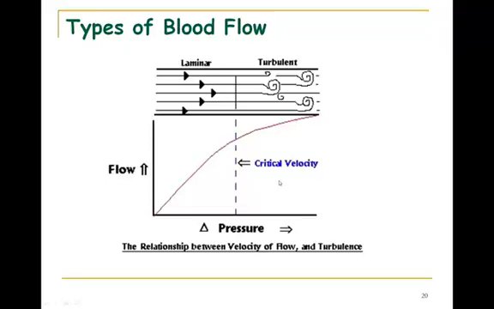Depending on the vessel, it varies where it becomes turbulent, and we're going to be talking about that in a second. There's a critical velocity: you will not have turbulent flow until you reach this particular speed. You also will have turbulent blood flow if you encounter a rough surface along the vessel, like my example of a plaque along the vessel.